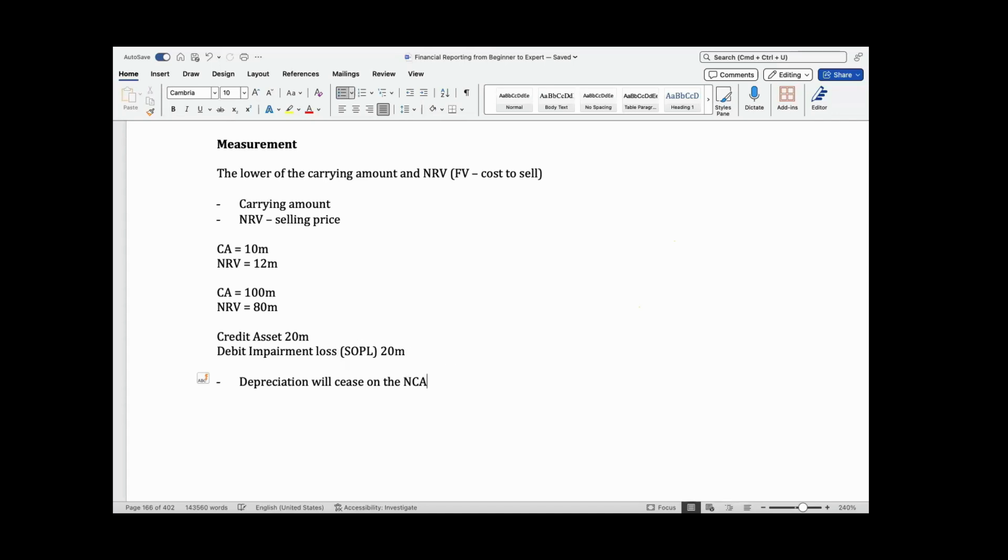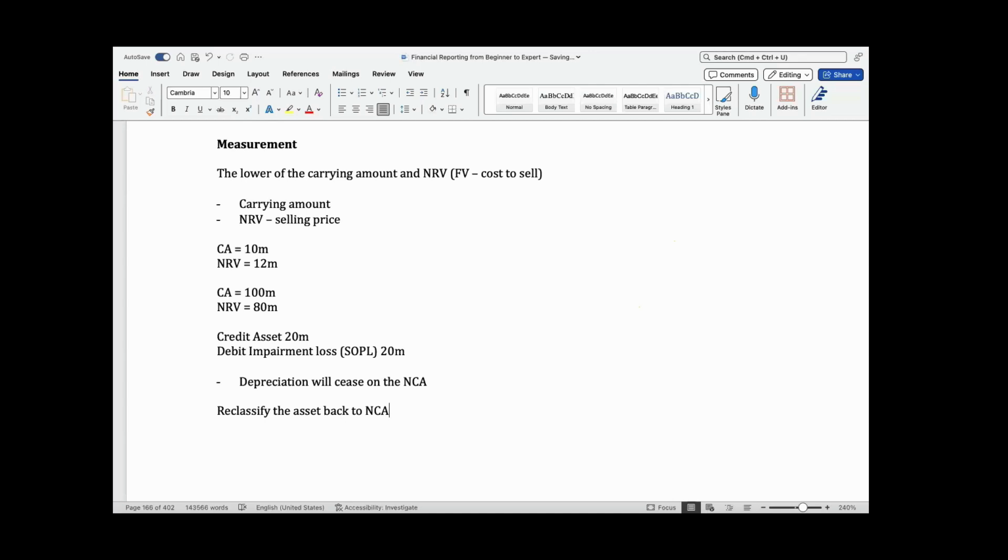Finally, on measurements: if you're unable to sell an asset, that means you have to reclassify the asset back to non-current asset.